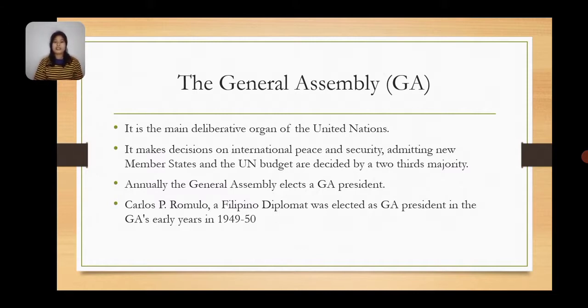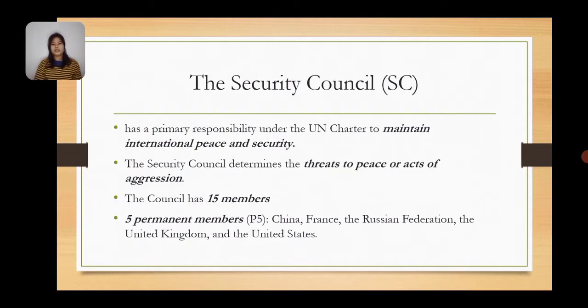Second is the Security Council or SC, which has a primary responsibility under the UN Charter to maintain international peace and security. They determine peace or acts of aggression and resolve it through peaceful or forceful means.